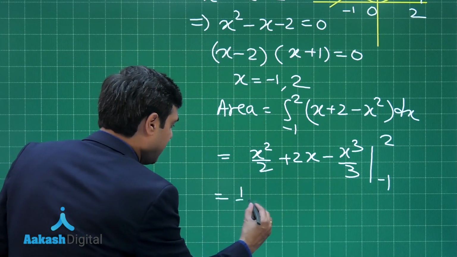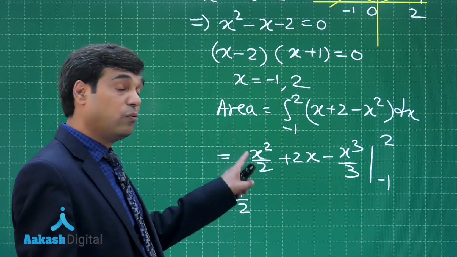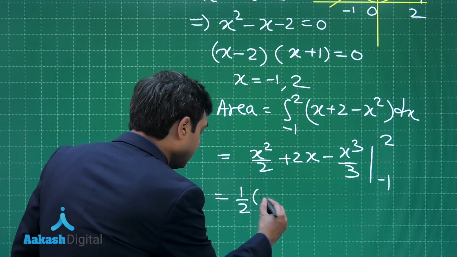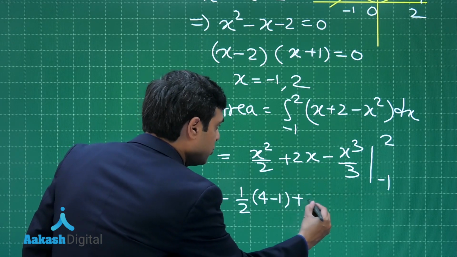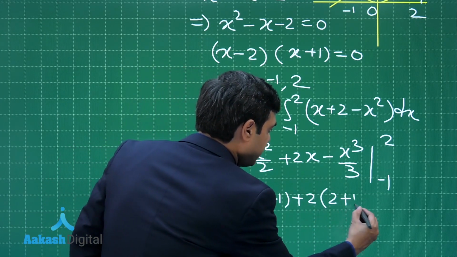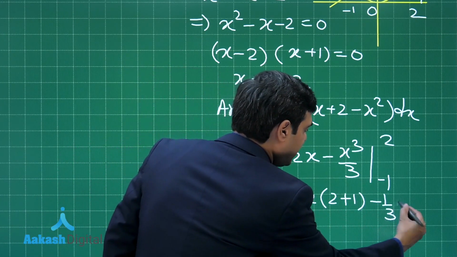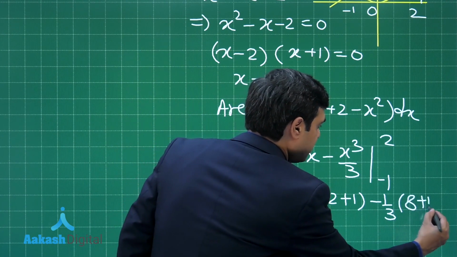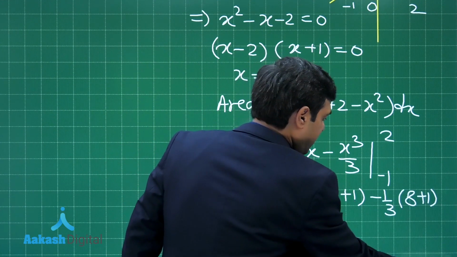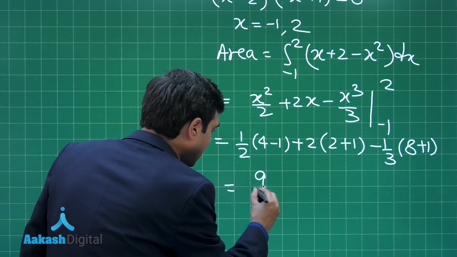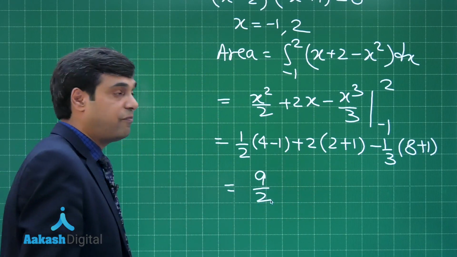So let's put here the limits. 1/2 of (4 − 1), then plus 2 times (2 + 1), minus 1/3 times (8 + 1). Just simplify it to get the result 9/2 square units as the final result.